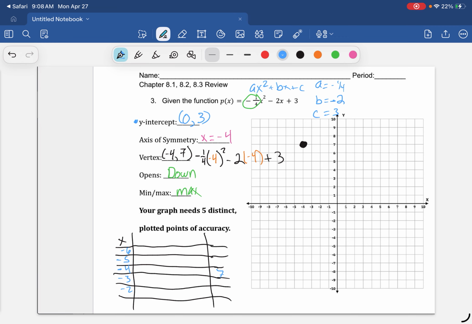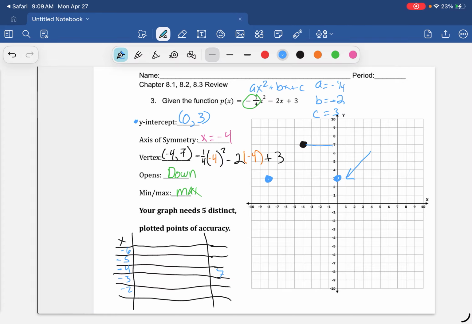I also know that my y-intercept is going to happen way over here. And this is 1, 2, 3, 4. Now what I'm doing is I said, hey, I knew my y-intercept happened over here.